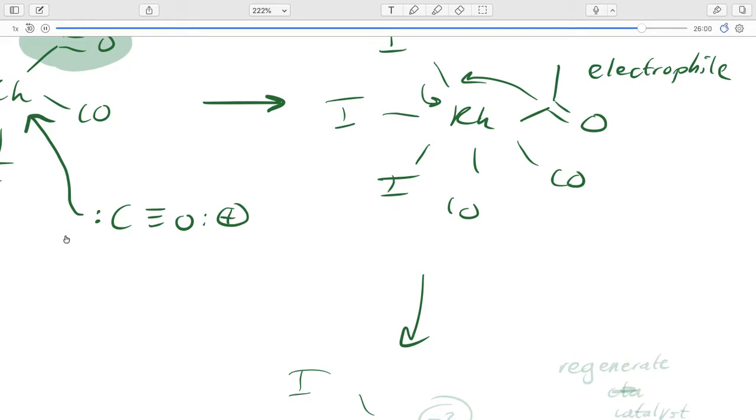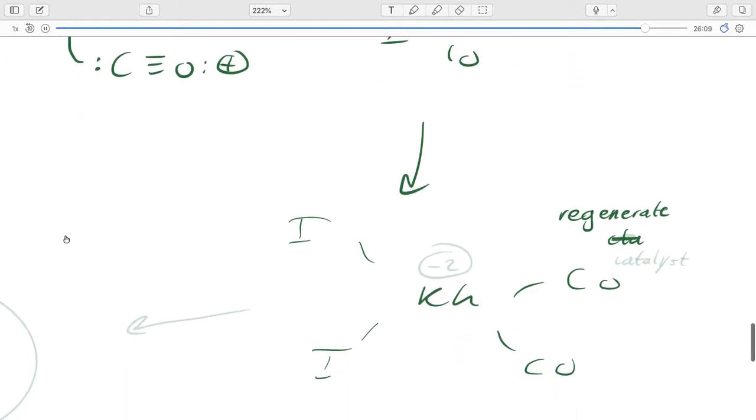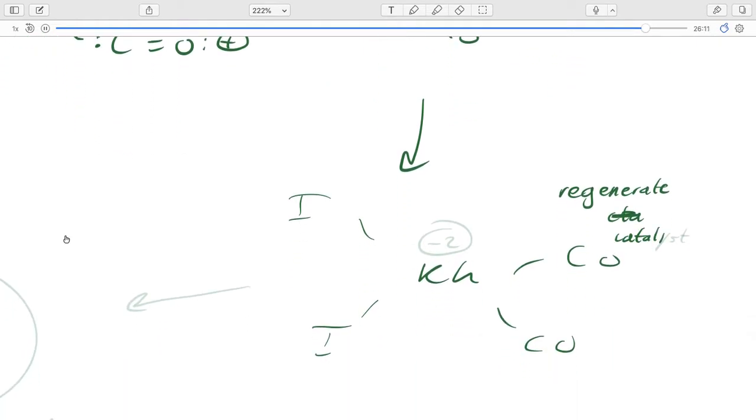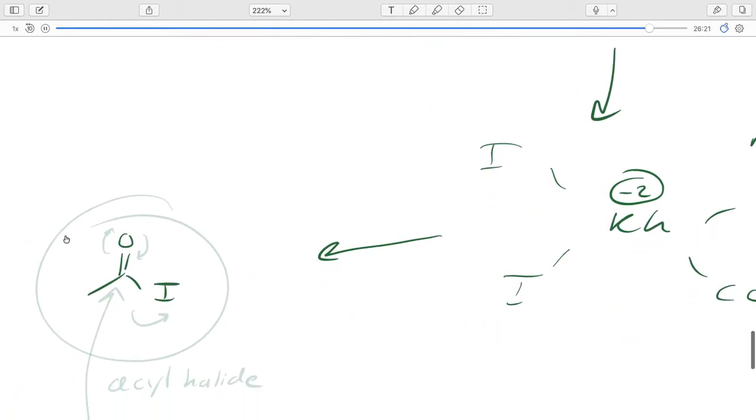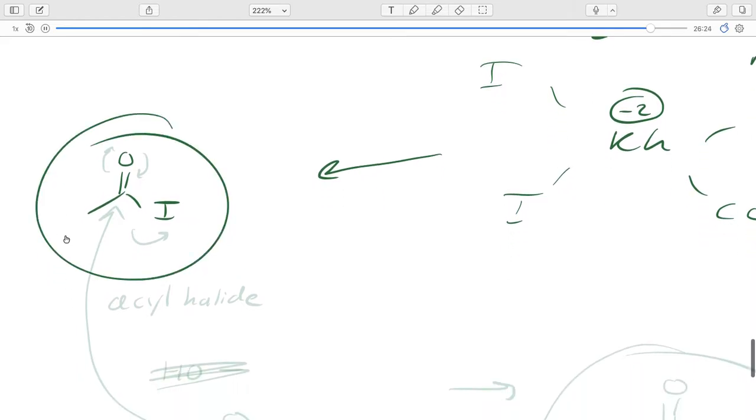We just regenerated our catalyst. So that means we are back at our oxidation number of -2 for the rhodium. And we get something that is close. That's the final product of this reaction.